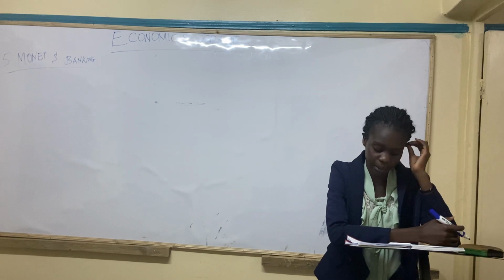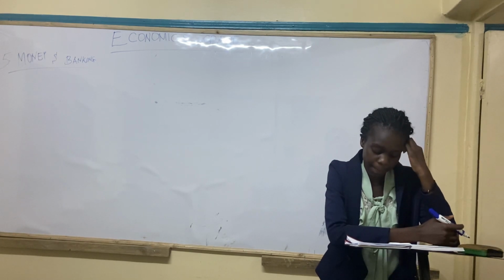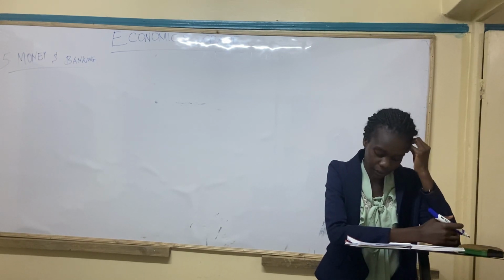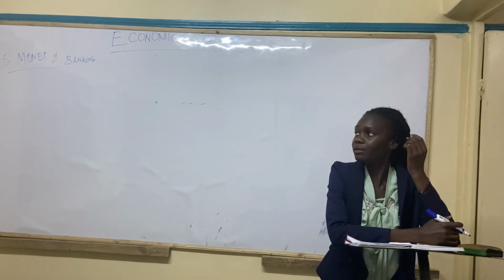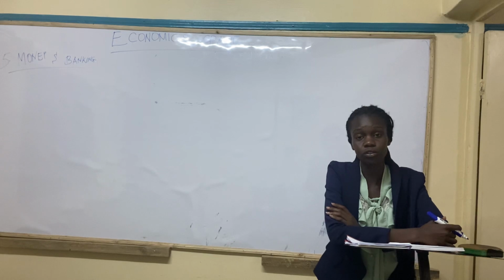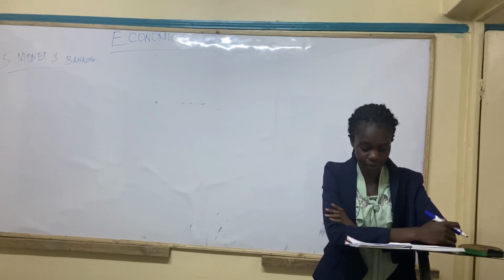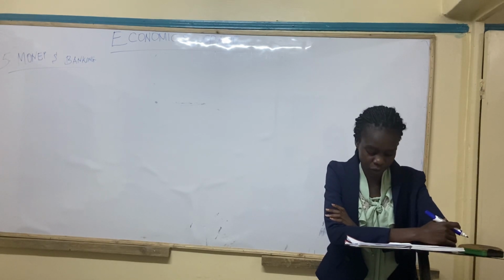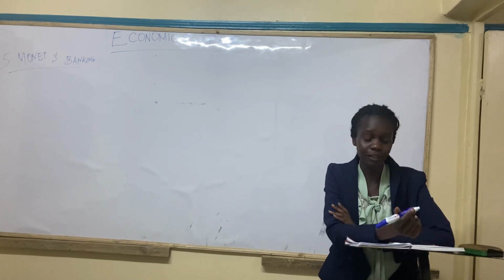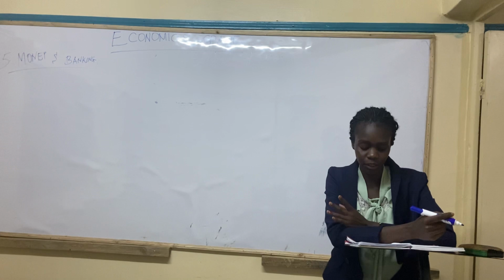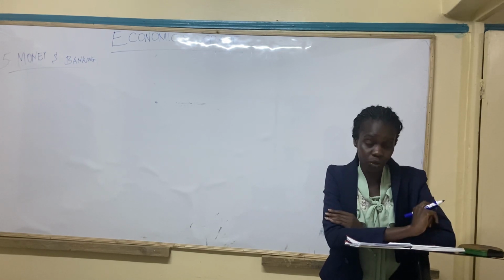Money should be scarce. Divisibility. Money should be divided. Let's say we have a note of 1,000 Kenyan shillings. So money should be easily divisible, maybe by 500 and 500, or 100, or 50, or 200.